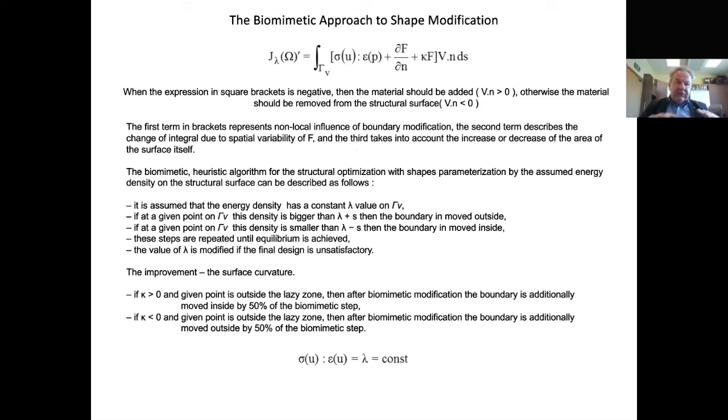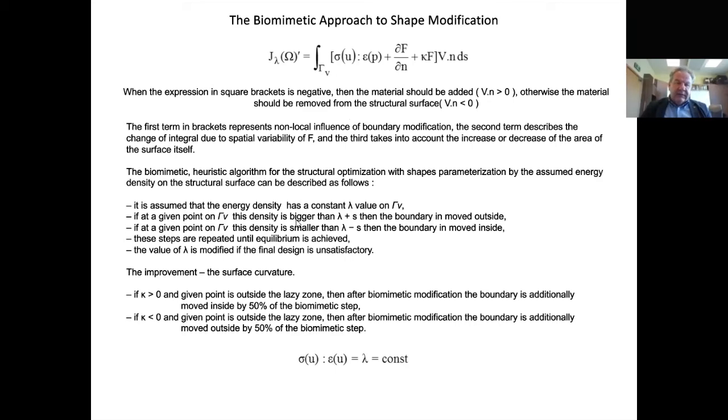Otherwise, we should remove a little bit of material from this area. So we do it like it was in the case of BMU. We just take away or add a little bit of material in the area, we measure the strain energy density there, and we decide what to do.